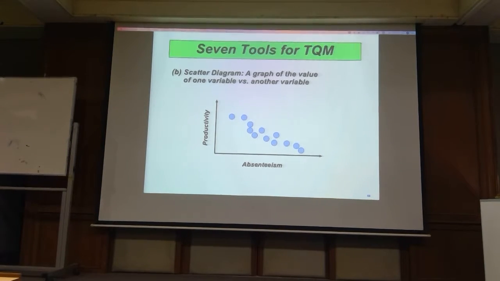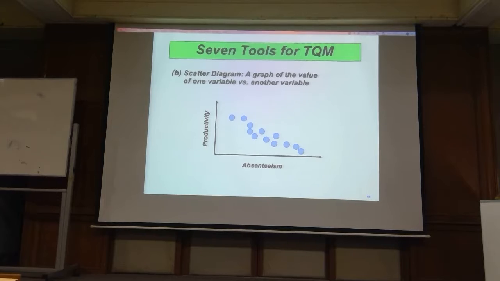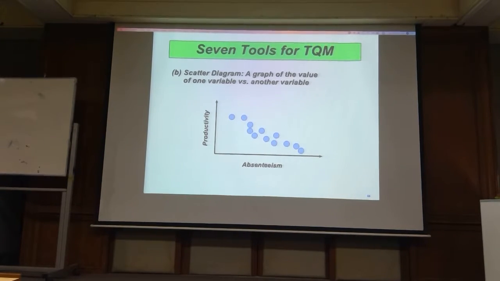For example, in this slide, we plot the information between the variables absenteeism and productivity, and you can see that there is quite a strong relationship, but in the negative direction. So if you have more absenteeism, you're going to have lower productivity. Sometimes you are curious whether we have this problem because of that reason, or because of this variable.